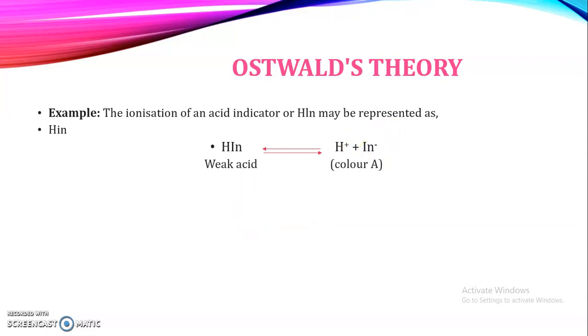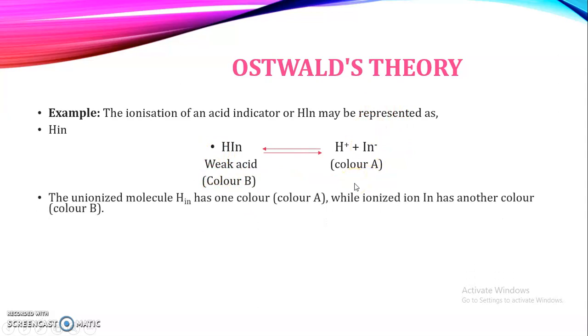Here, we consider HIn a weak acid. It has one color in the unionized form, and the In minus ions have a different color because they are the ionized form. For example, here they possess color B, while here they possess color A. The unionized molecule, HIn, has one color, while the ionized ion, In minus, has another color.